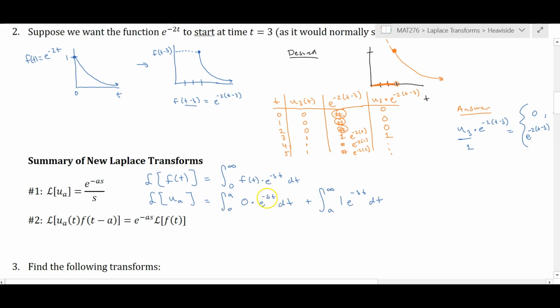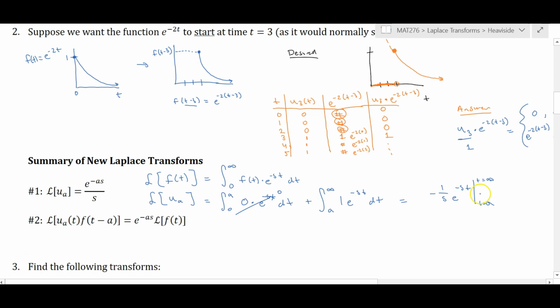What's the integral of 0? What's the area under the 0 curve? This is just going to be 0. And this will be the integral of e to the negative st, which is negative 1 over s times e to the negative st, evaluated from t equals a to t equals infinity.